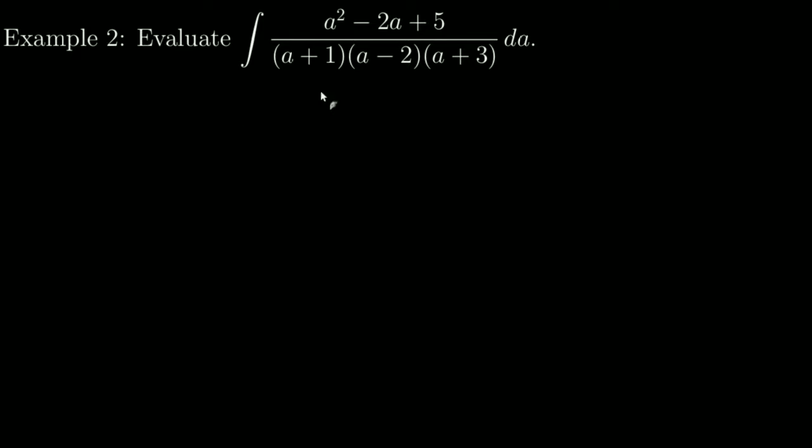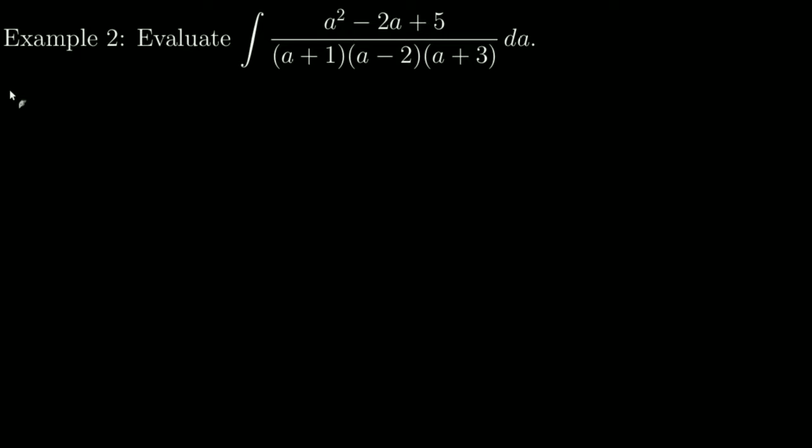Alright, example 2. In here, the denominator is already factored, but there are a couple of things that make this more difficult. First off, I have a quadratic up here, and I have 3 factors in the denominator, so I'm going to have to do a couple more things.